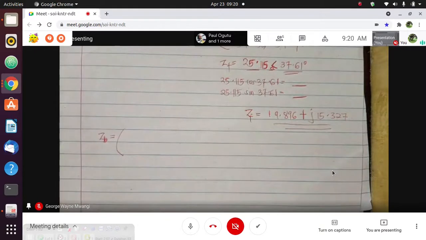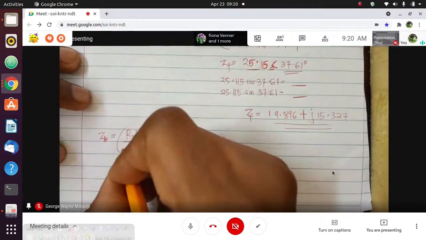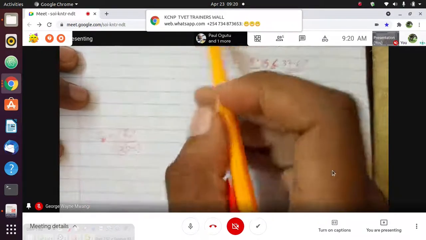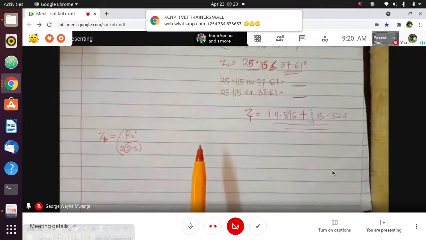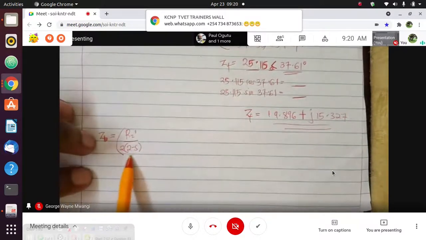Now ZB is given by the rotor resistance divided by 2. Remember that the resistance of the forward moving flux and the backward moving flux is the same when the rotor is at standstill. But when the rotor is moving, we have to take into consideration the slip.